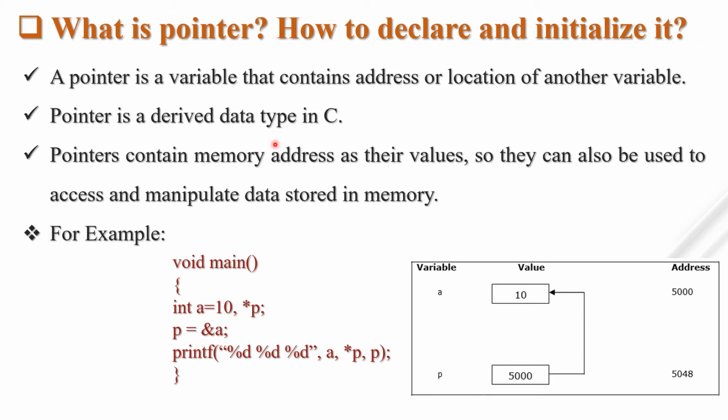Pointer is a derived data type in C, as I said earlier. Also, a pointer contains a memory address as its value. A normal variable contains values, for example a equal to 1, but a pointer variable always contains an address as its value. So as a value, they store the address of another variable. They can also be used to access and manipulate data stored in memory.